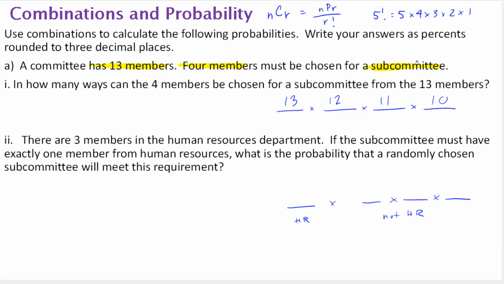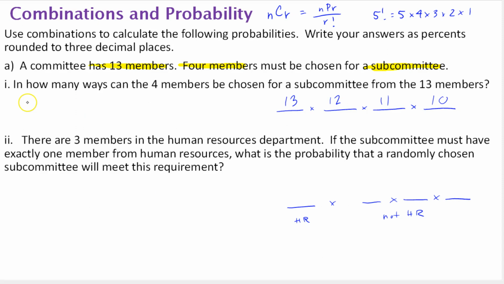Whereas with the president, vice president example, Amy being president and Bob being vice president is different than Bob being president and Amy being vice president. So the way we account for that difference is we find the permutations, so this is the numerator, of 13p4, but then we're going to divide by 4 factorial, and that cancels out all the overcounting.